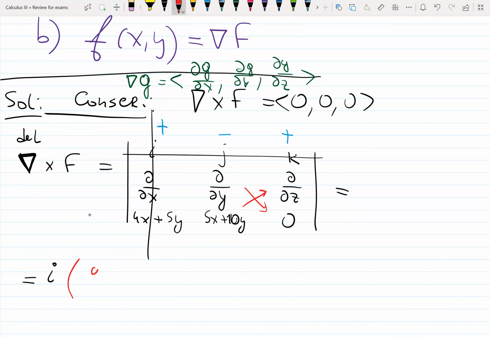It's notation. Derivative of 0 with respect to y. Well, derivative of 0 is 0. Minus derivative of 5x plus 10y with respect to z. That's notation. It's not multiplying. It's a very neat notation.